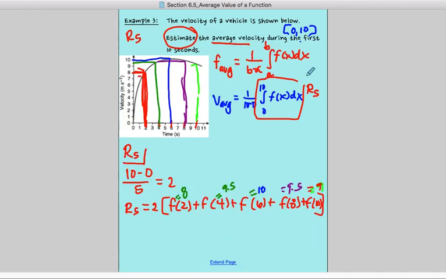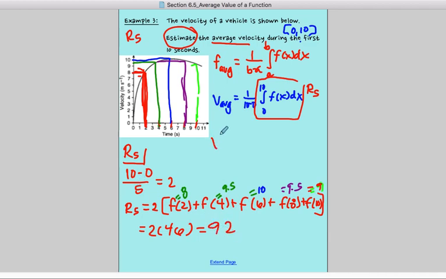So when we're finding my integral from 0 to 10 using an estimate of f of x dx, what we do is add up all these numbers. I'm going to quickly do that. We got 8 plus 9.5 plus 10 plus 9.5 plus 9, and I got 46. So I would have 2 times 46, which is equal to 92.